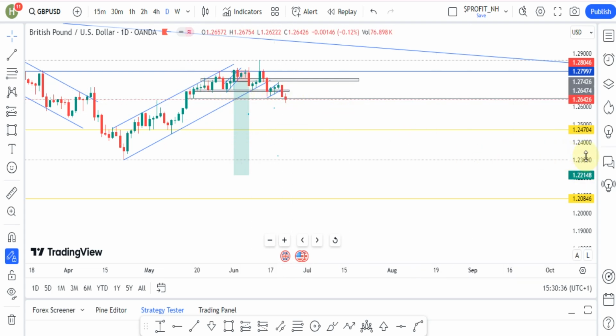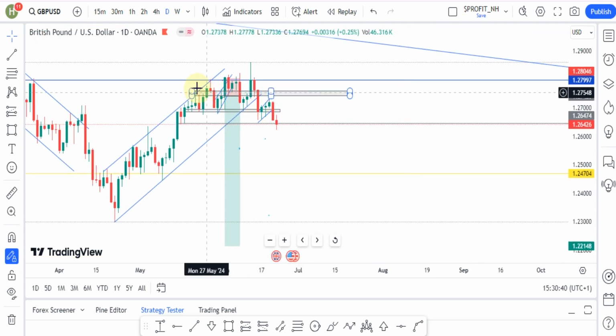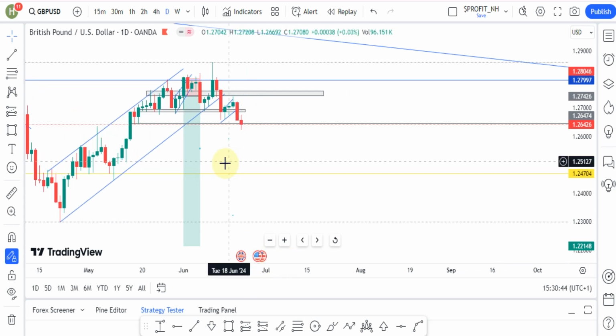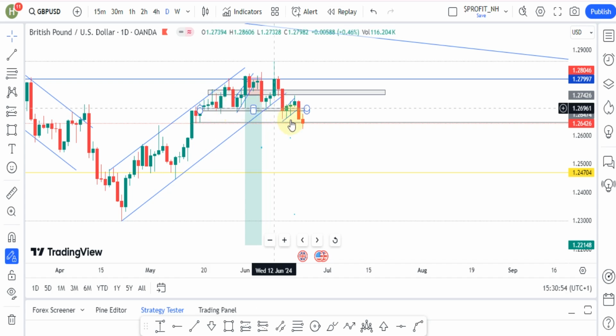Then again, from the daily time frame, we have this Marubozu candlestick at this point, closing below this support zone that we had, confirming that there is a possibility of it continuing to push to the downside.